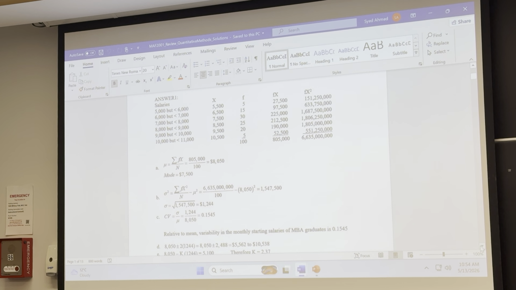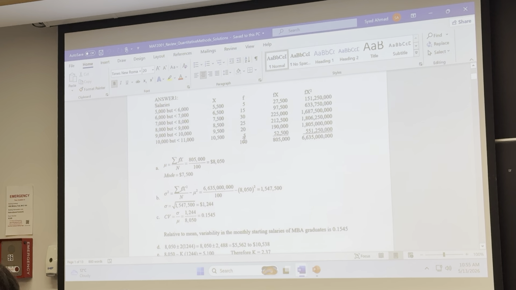Can you tell me, if I ask you median, what will be the median? Approximately. What will be the median approximately? 5, 15, 30 is 50. 25, 20, and 5 is 50.